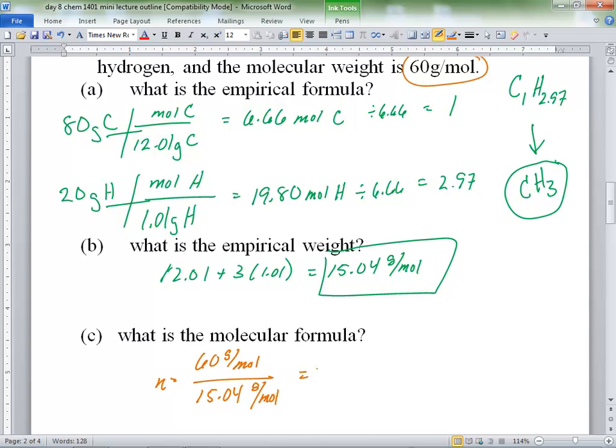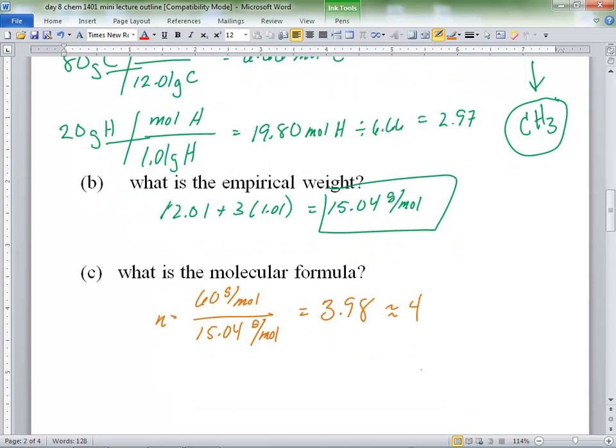And it's going to be really close to 4, right? What did you get? 3.98. Thank you, Clarissa. 3.98. Well, that's really close to 4. I'm off by a factor of 4. So my final answer is going to be C what, H what?